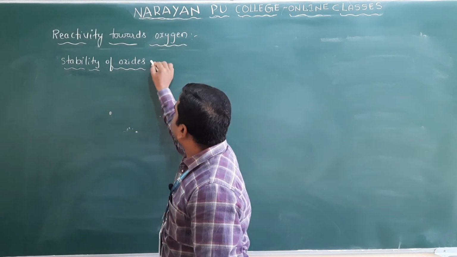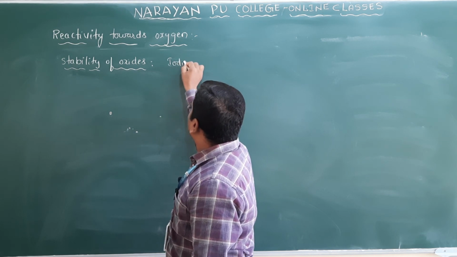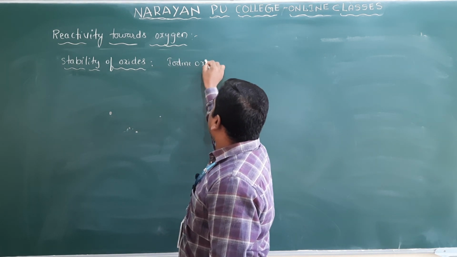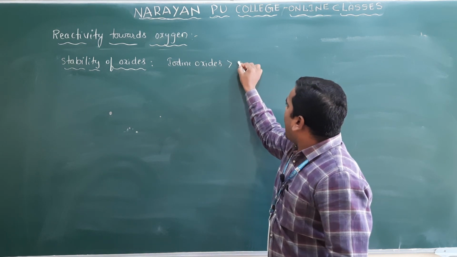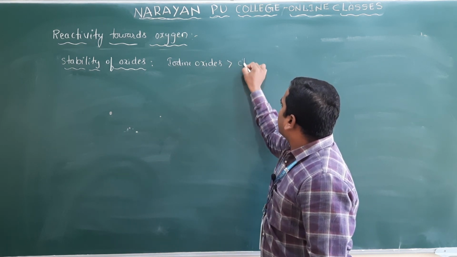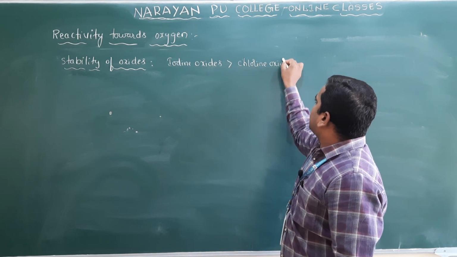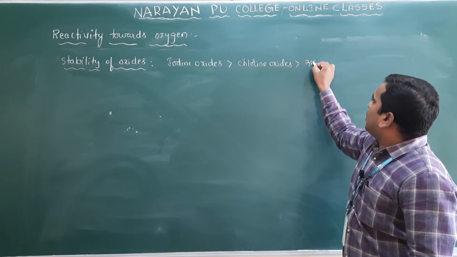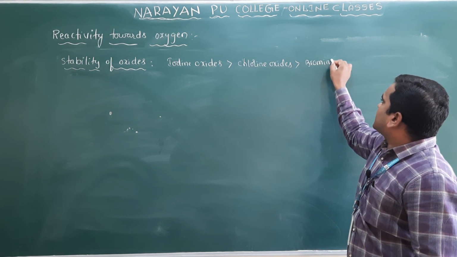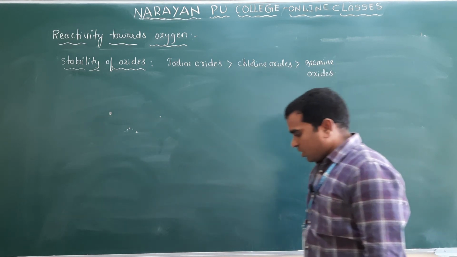For the stability of oxides, iodine oxides are the most stable, then chlorine oxides, and the least stable oxides are bromine oxides.